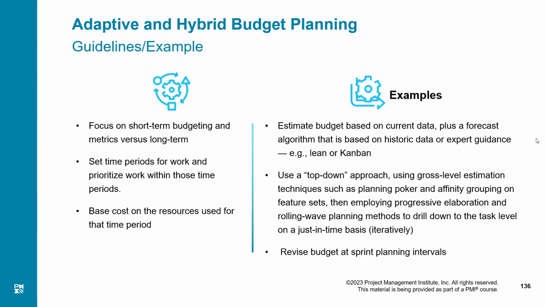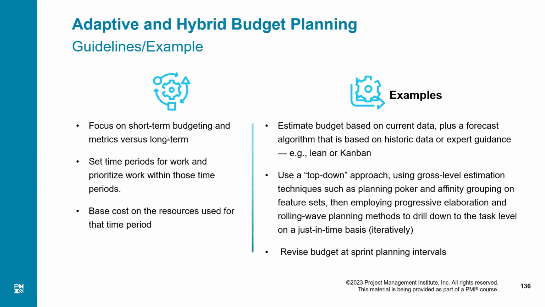Okay, so in an adaptive or hybrid budget, naturally, this is not as explicit as the predictive budget is. So what we do in agile is we focus on short-term budgeting.